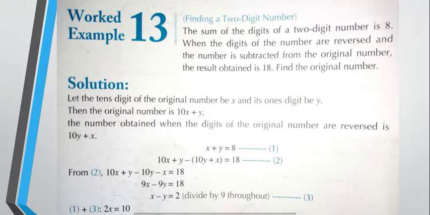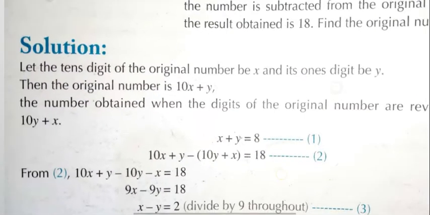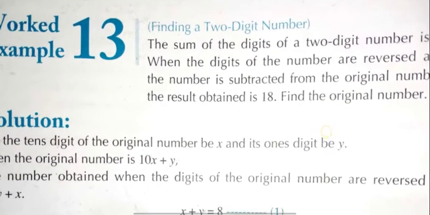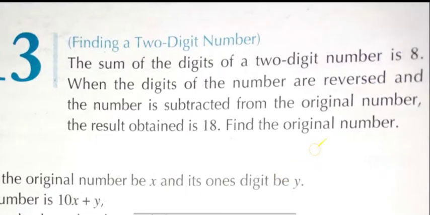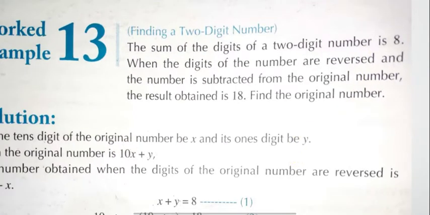So when the number are reversed, and the number is subtracted from the original number. Okay. Now, think of a two-digit number. You can think of one, but I think of 18.